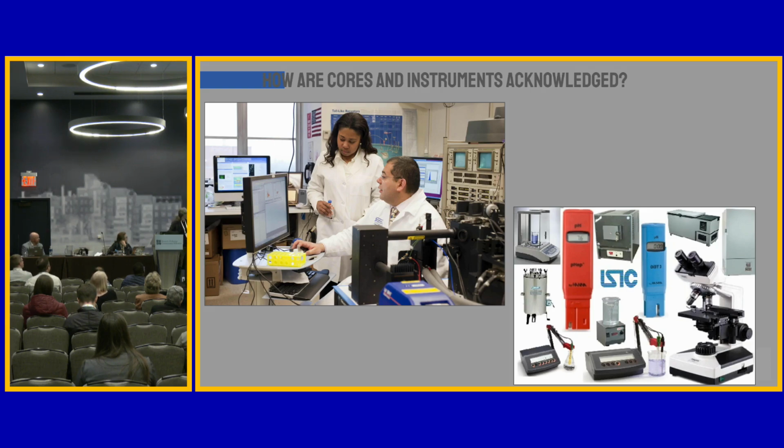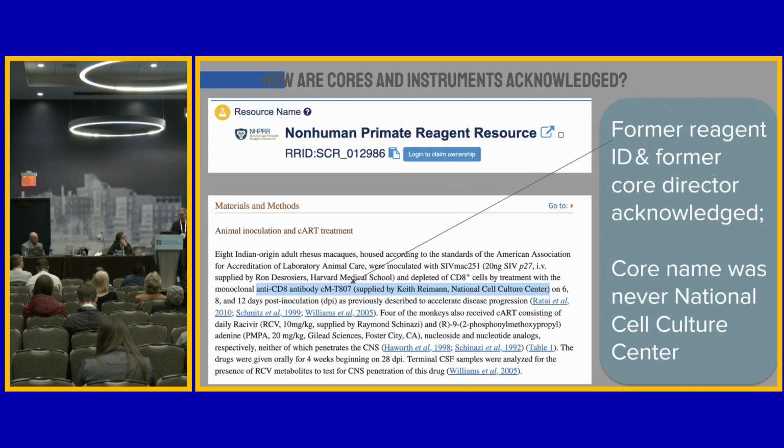So let's look at how cores and instruments are actually acknowledged. Here's a lovely way to acknowledge a core. Now we know from the core director that in fact this is the citation of this director's core. Now that Keith person is the former core director two directors ago, by the way, and that was never the name of the core, right?